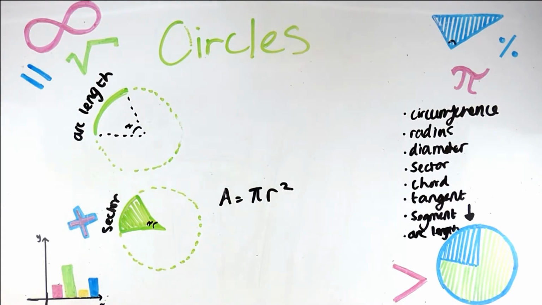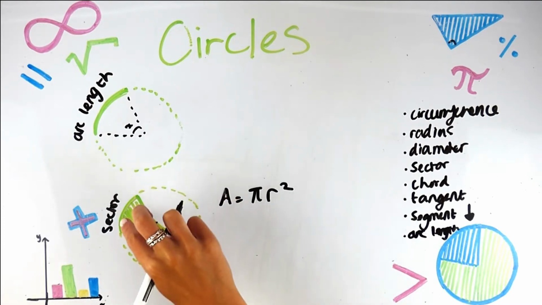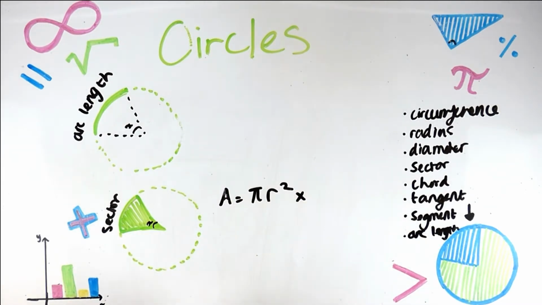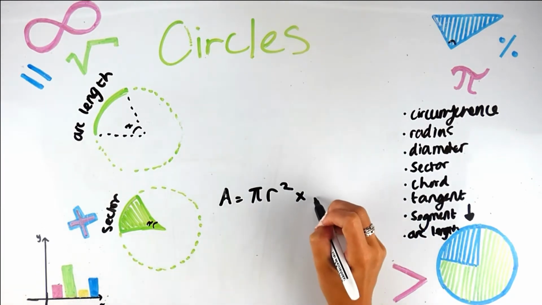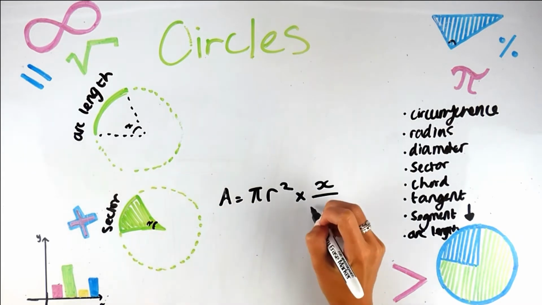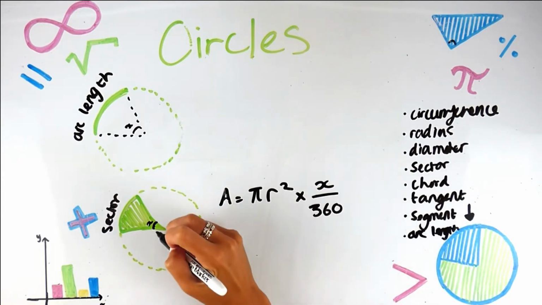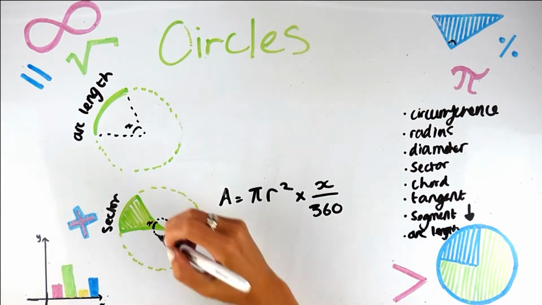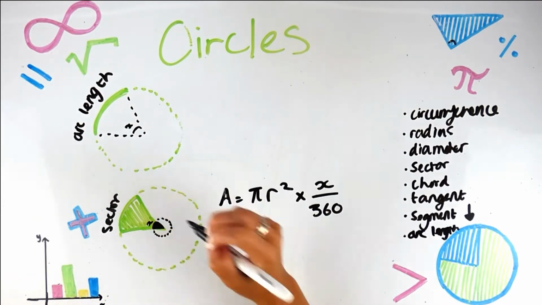So the area of a sector is the area of the full circle multiplied by a fraction, because we only want a fraction of that circle. And the fraction we do is x, this angle here, over 360. So it's kind of like the fraction of this part here. So I hope that makes sense.